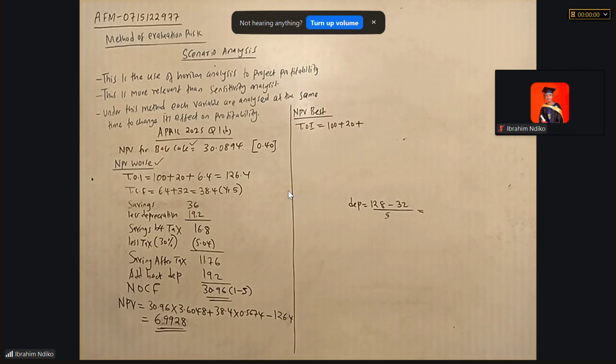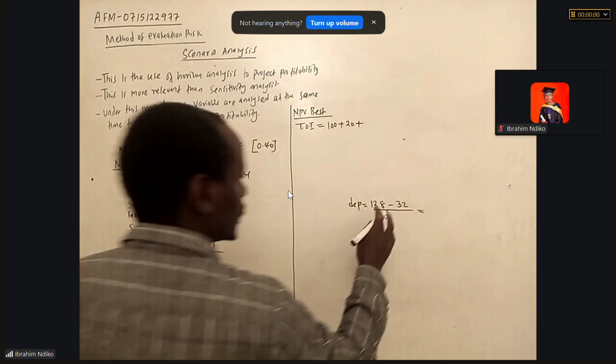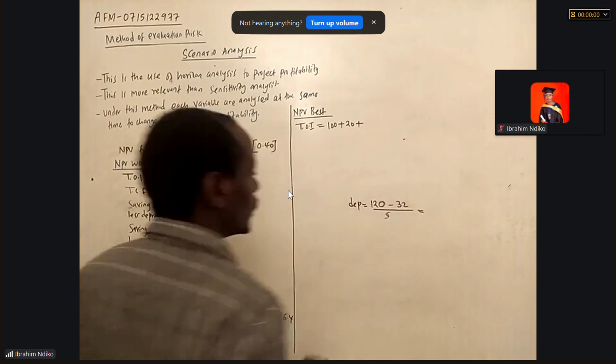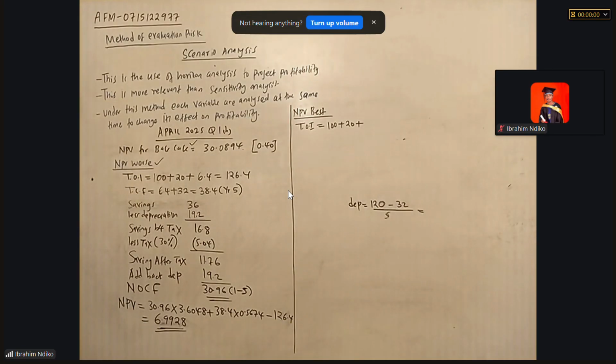Effective cost ilikuwa 120. So hata hapa inafaa kuwa 120. So to calculate depreciation, the effective cost won't change.